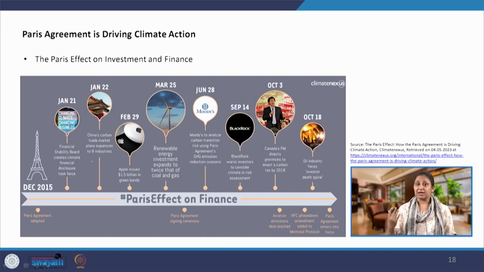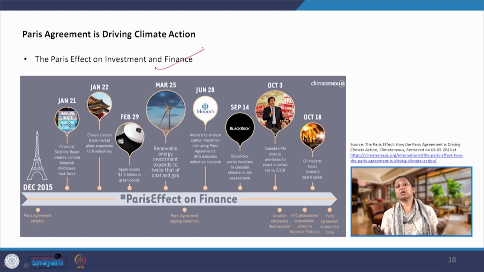There are carbon taxes being levied. The oil industry, which is a polluting industry as far as greenhouse gas emissions are concerned, is facing an investor debt spiral. Not enough investment is being received by the oil industry, while on the contrary renewable energy investment expands to twice that of coal and gas. So, this is on investment and finance.